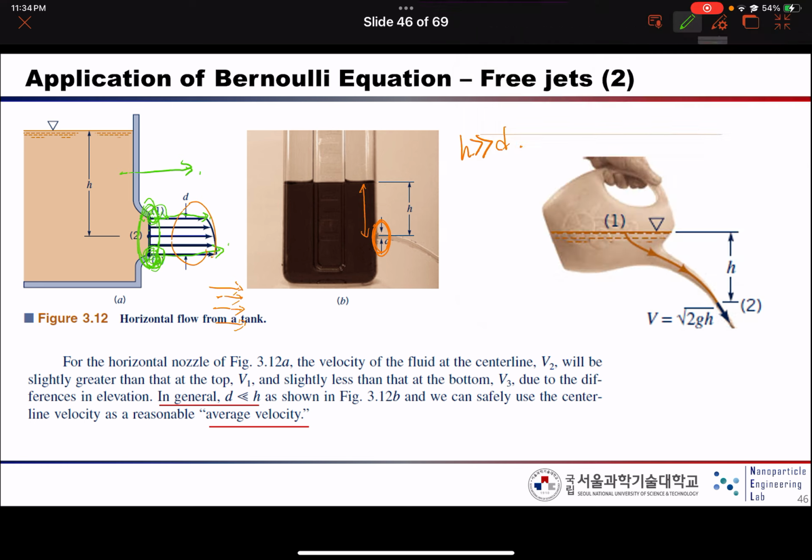So practically, for this case, we use the average velocity at the center line. Okay, so we assume that V1, V2, V3 equal V average.